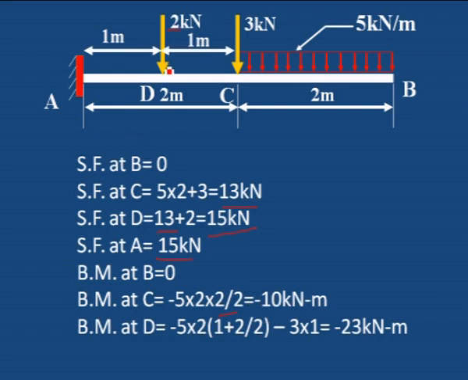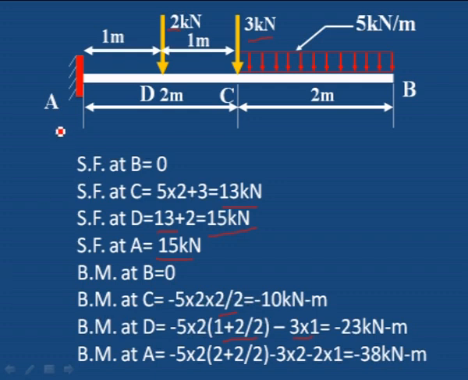Then bending moment at D, 5 into 2 is the load, plus the 2 kilonewton from here to here 1 meter, plus for the UDL we have to add half of this distance because it acts at its center, minus this moment 3 into a distance of 1 meter. Similarly, we can calculate the bending moment at A, force into distance, this 3 kilonewton into distance, 2 kilonewton into distance, and we will get 38 kilonewton meter.